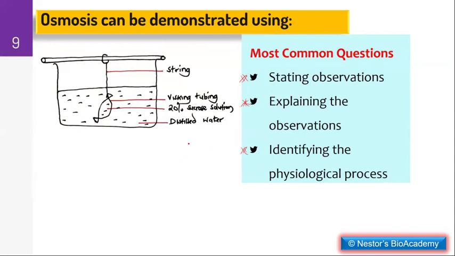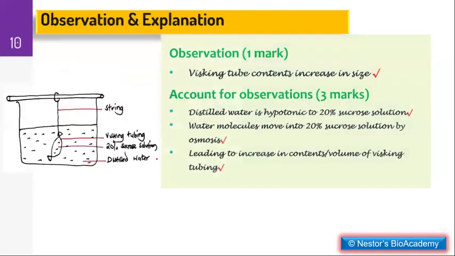So I remember from our earlier video when you're asked to account for the observations made, there's a particular way of responding that you always need to have knowledge of to always increase your chances of scoring well. So like the observation that would be made here would be that the Visking tubing contents increase in size.